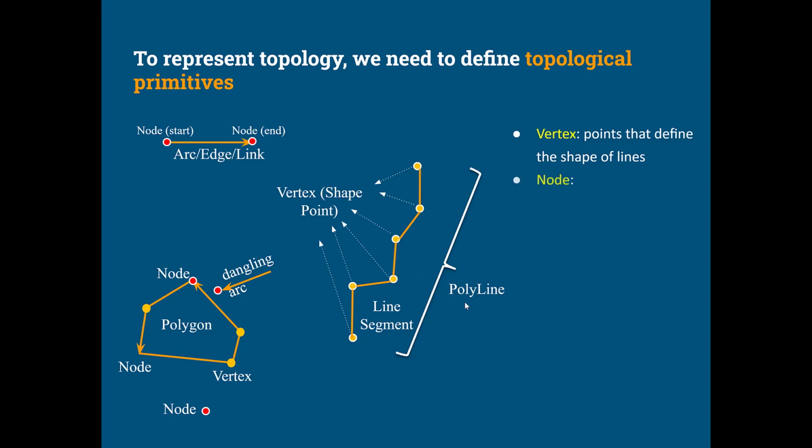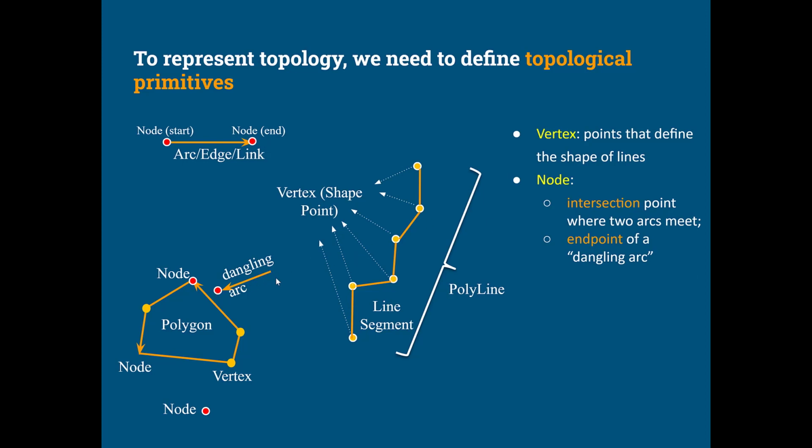Then a node is a very special vertex. Why special? Because it has some geographic meaning. For example, a node can be an intersection like this one, where two arcs meet. An arc is a line segment. A node can also be an endpoint of a dangling arc.